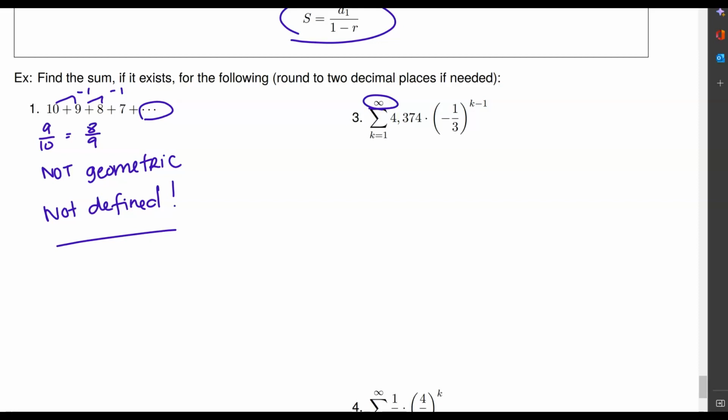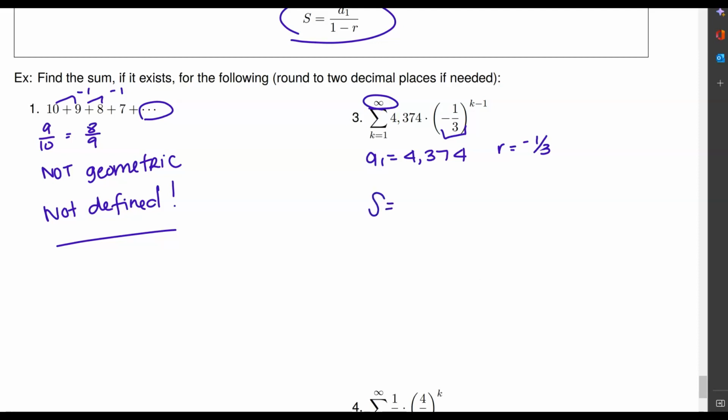Okay. Looking at this one, I can see off of here, my A1 is going to be 4,374. I can see that my rate is -1/3, my ratio. And this is between -1 and 1, so it is defined, and I can tell that this is going to be geometric, so we can go ahead and calculate the sum.